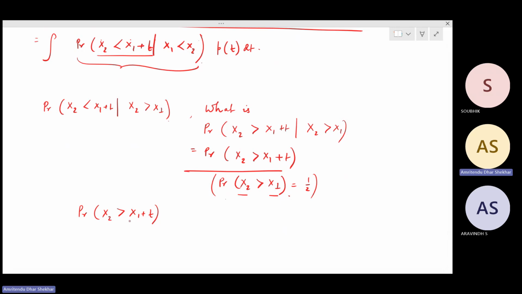Now x1 itself is a random variable. So this is equal to the integral of the probability of x2 greater than y plus t, times p of y dy, y from 0 to infinity.